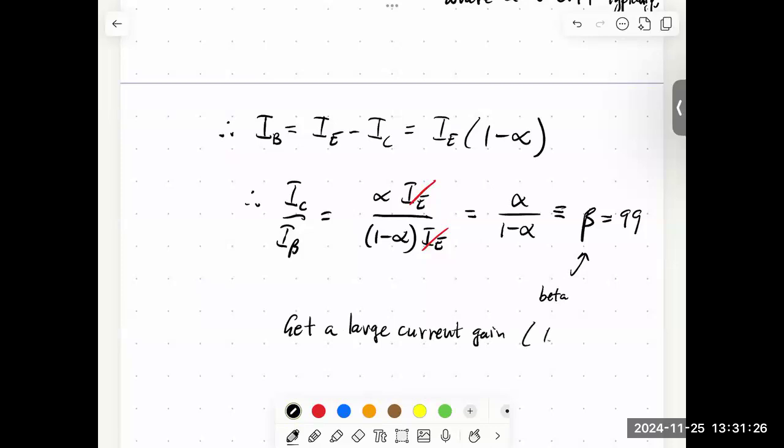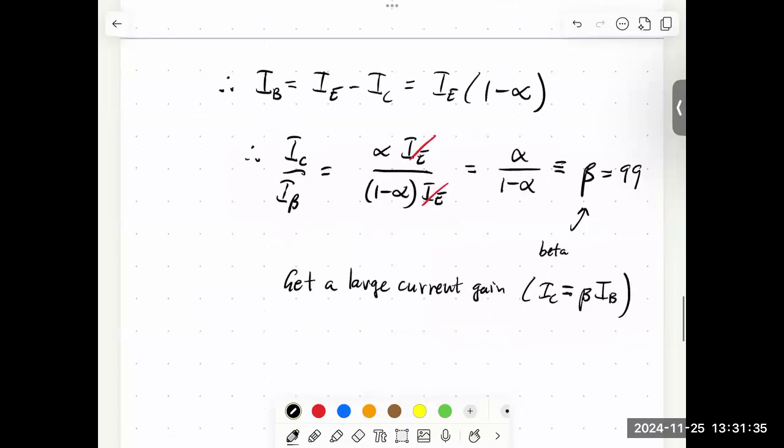And so I collector is equal to beta times I base. In this way, our transistor can be used as a current amplifier.